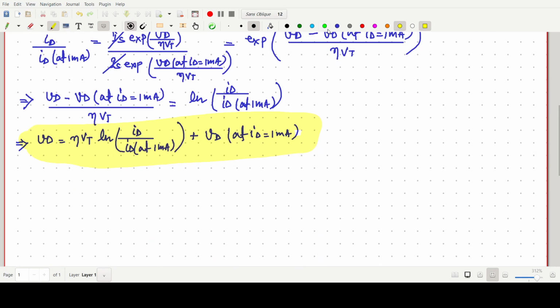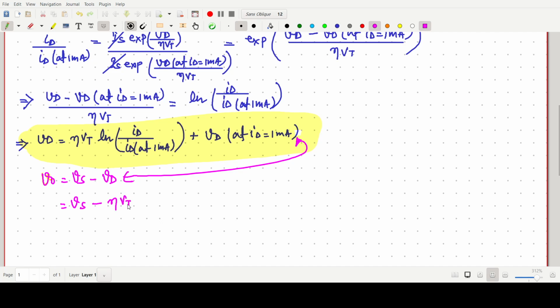So the output voltage V naught will be Vs minus Vd. Now Vd we have calculated, so one can simply write Vs minus, putting the whole value in this.